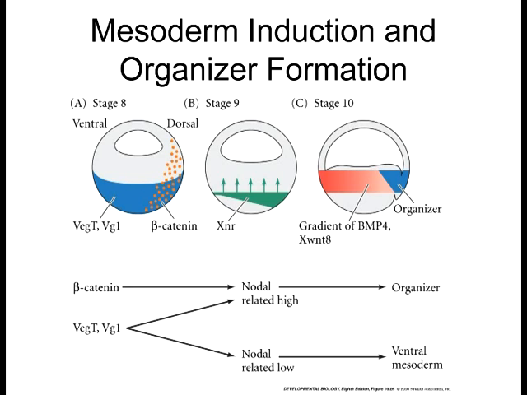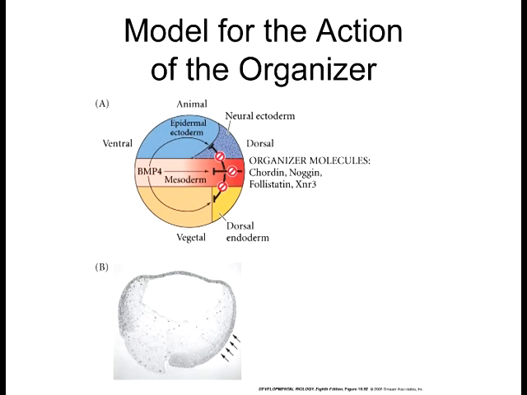Okay, so that's how fertilization actually starts influencing the initial stages of the Xenopus setting up its body plan. So let's talk about what the organizer does. The organizer releases a number of proteins. You can see how many different proteins are happening here.